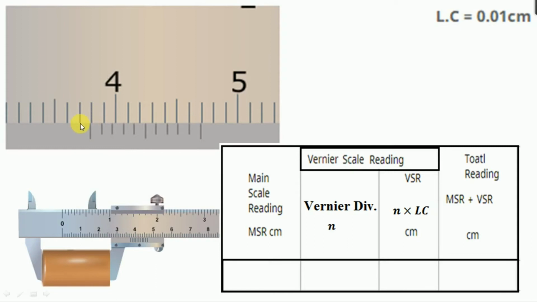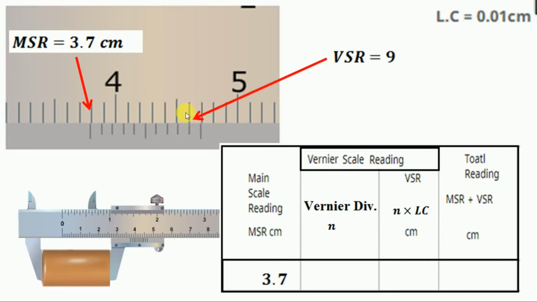So I'll take 3.7 as the main scale reading, and vernier is the one which is exactly coinciding with the main scale. So this is the one. The vernier scale reading is the 9th division. I'll multiply with the least count, so the reading is 3.79.